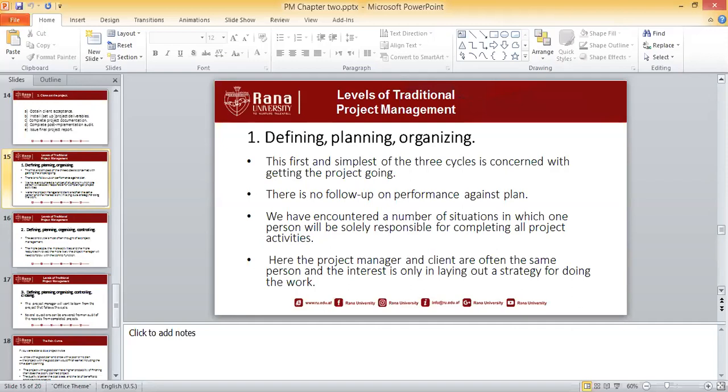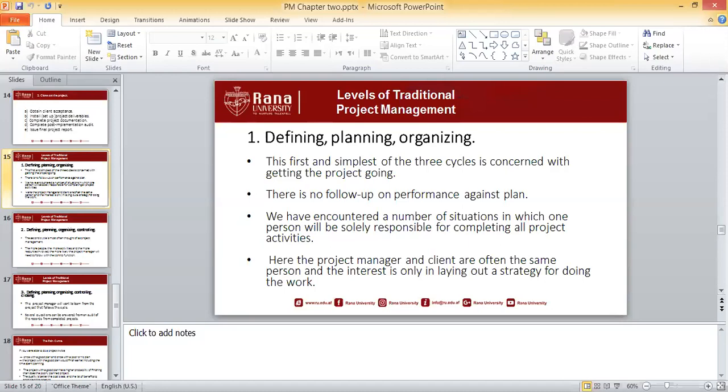I hope this concept is clear to you, and there is no follow-up because of the simple activities. You don't have to match your actual activities with the planned activities. So you really don't need to follow up these activities because these are simple, the time duration is less, and the problems associated with these levels are less likely to be there. Okay, so I hope it is clear, inshallah.